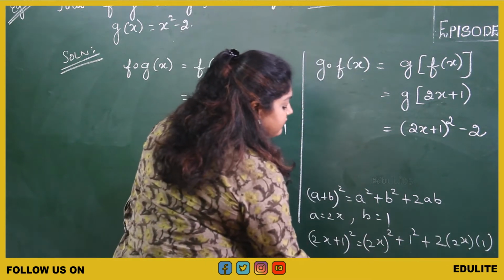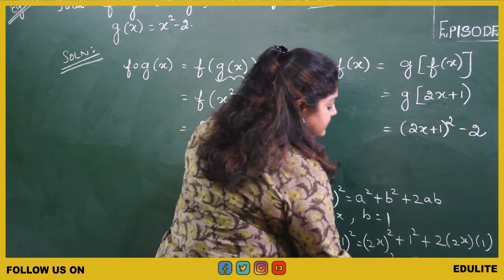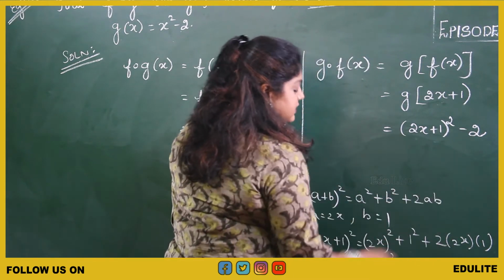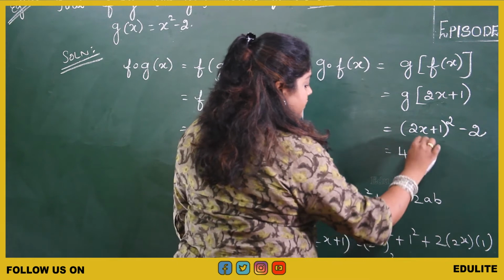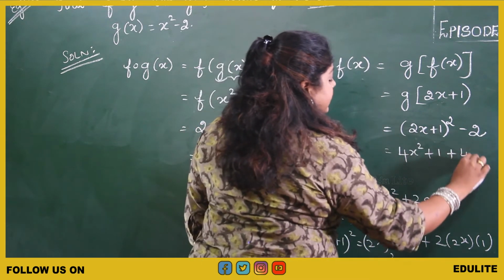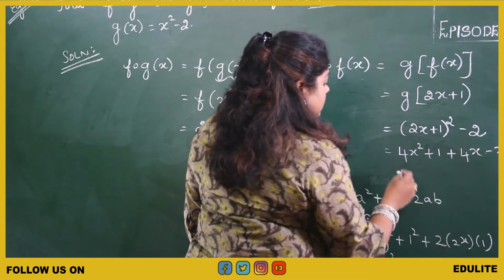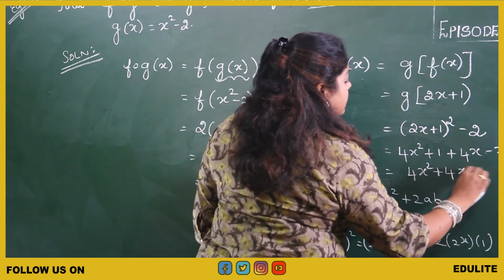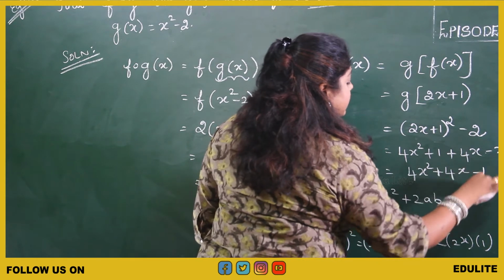So (2x) square will become 4x squared plus 1 plus 2 twos are 4x. Substituting in this place, we will get 4x square plus 1 plus 4x minus 2. It will become 4x squared plus 4x, and minus 2 plus 1 will become minus 1.